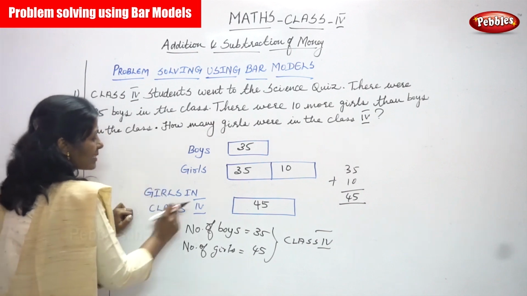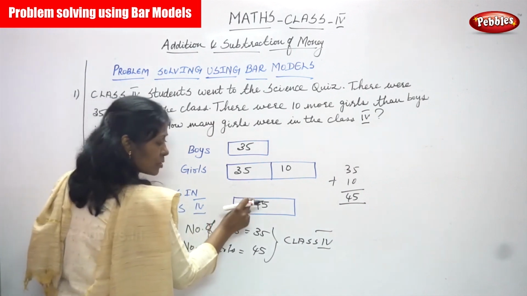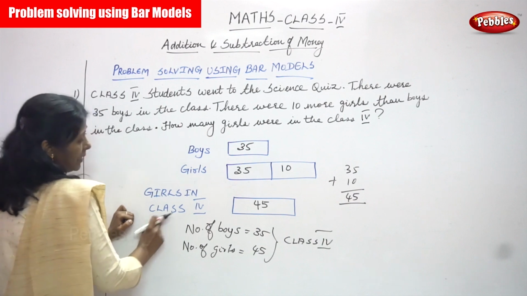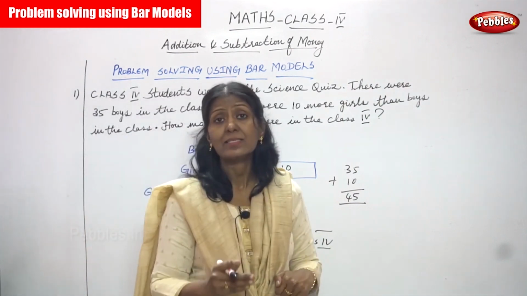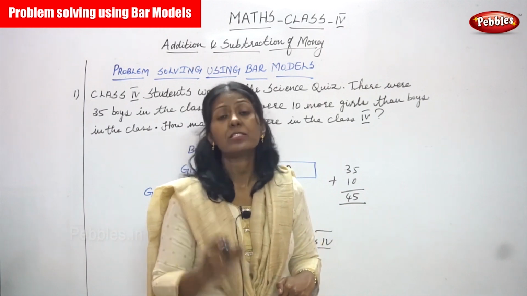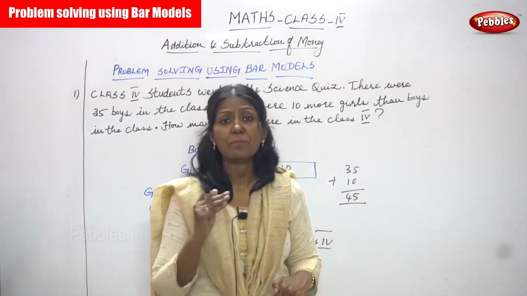The question asks for girls in class 4, that is 45 students. That is the girls' strength, the number of girls. The girls' strength is 45. It is clearly mentioned.